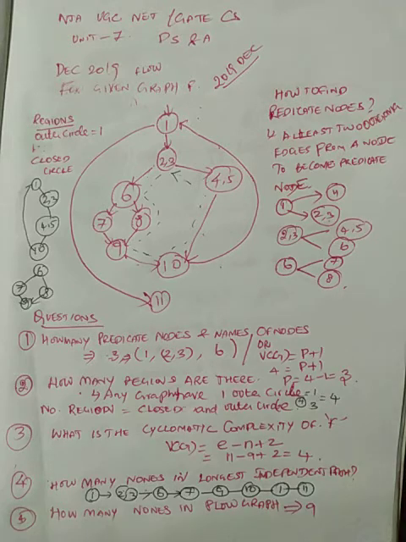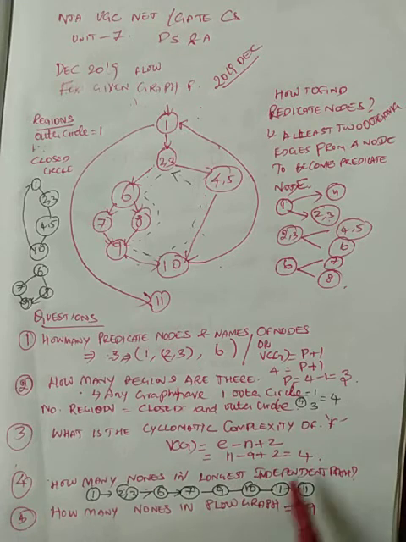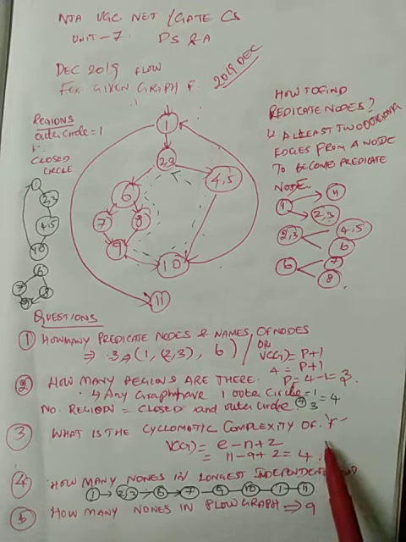So for these 5 problem statements, I'm going from easy to difficult. As per my knowledge, this question we can easily do: what is the cyclomatic complexity of the given graph F?